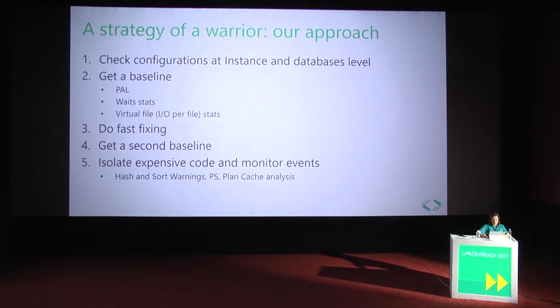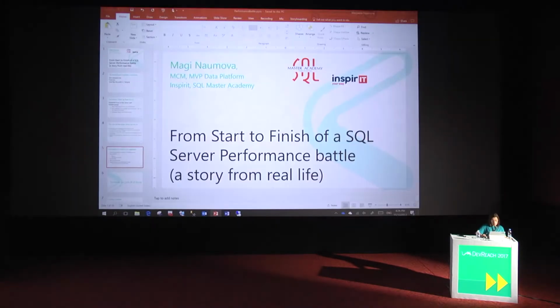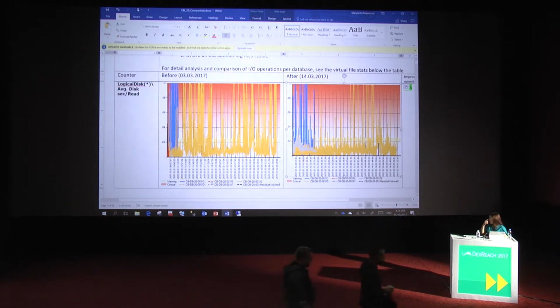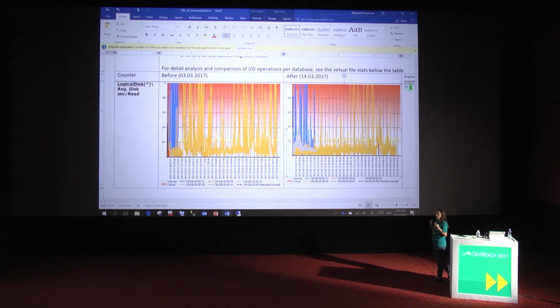After finishing that, before going to expensive code, what we managed to achieve was the following, just as an idea. This was our before state here, and this is our after state. We managed to greatly reduce the pressure on the disk subsystem, the pressure on memory and the pressure on disk.